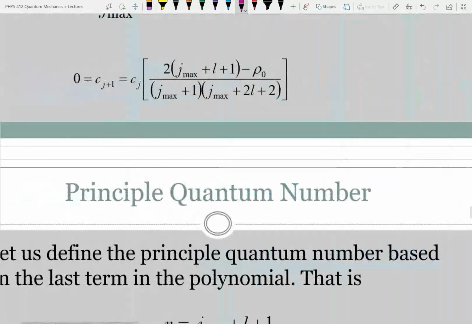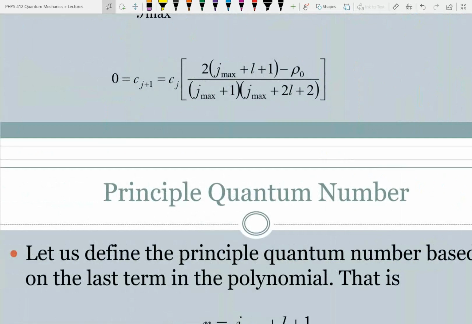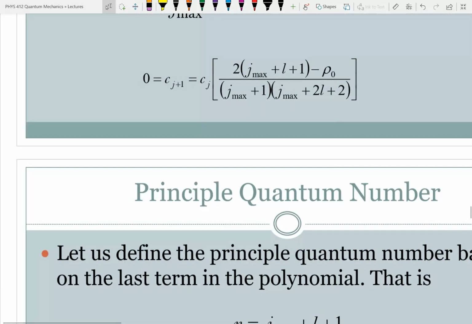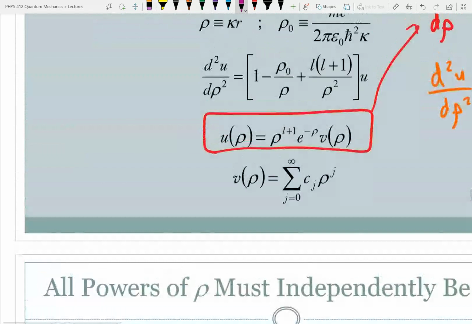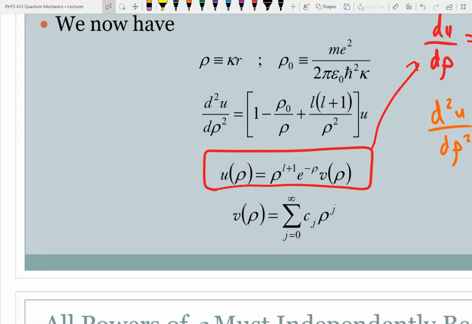Out of curiosity, where did the rho 0 come from in the E term? The rho 0 right here. What are you talking about? In 4.61, they have the last term as rho 0 minus 2L plus 1. Where did the rho 0 come from?